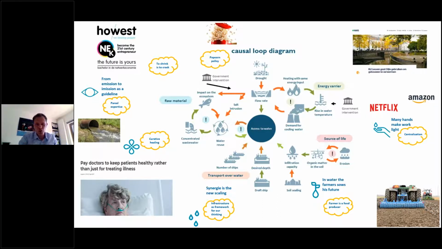This is what I come back to from the introduction of my presentation: this helps to really identify the right solutions, so that we don't shift a problem from one subsystem to another.